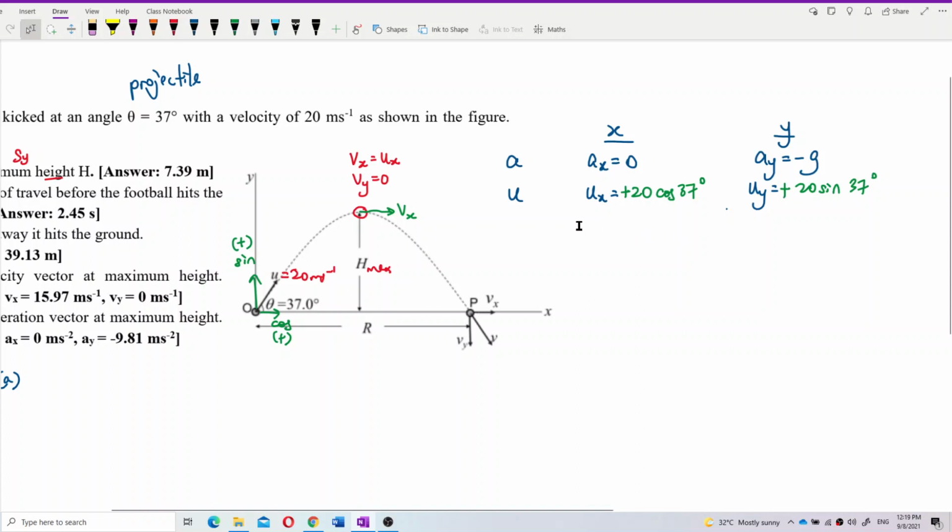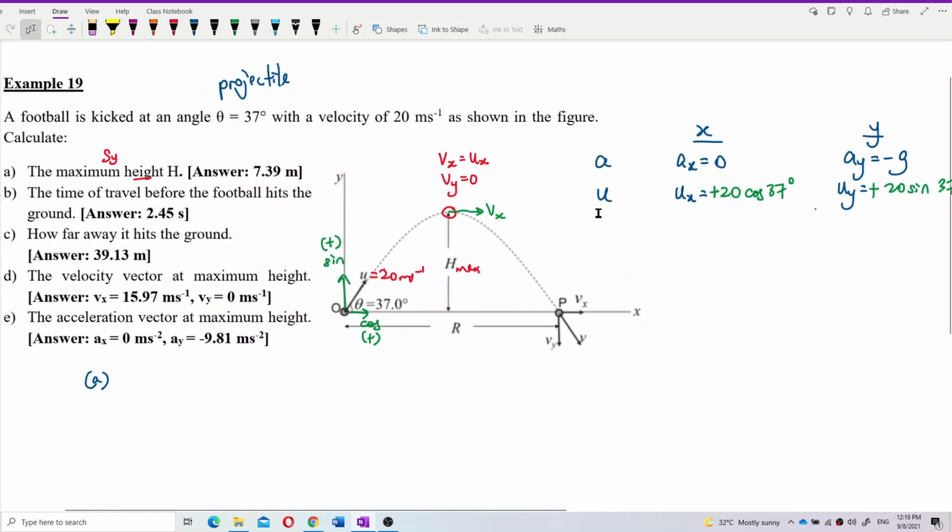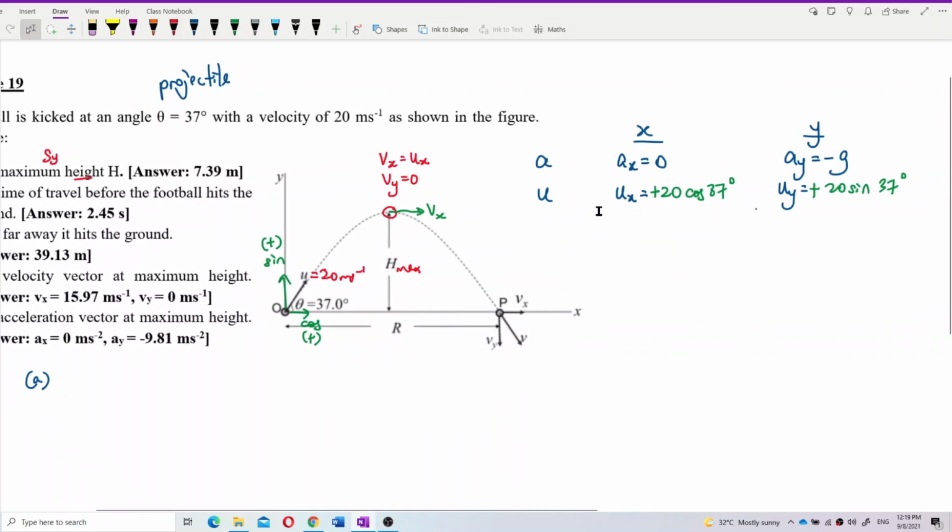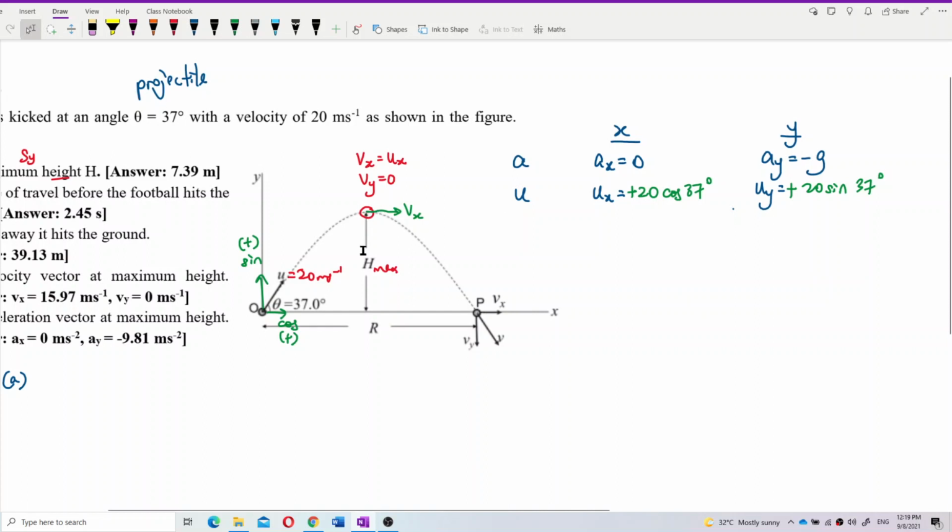Now we want to find the maximum height. At maximum height, we know the final velocity over here.